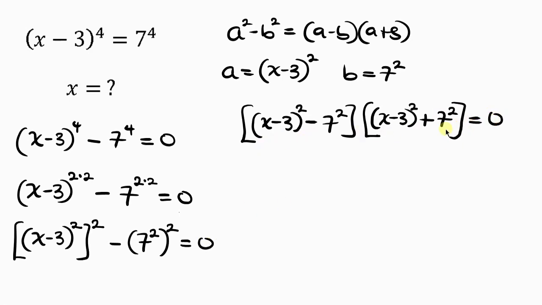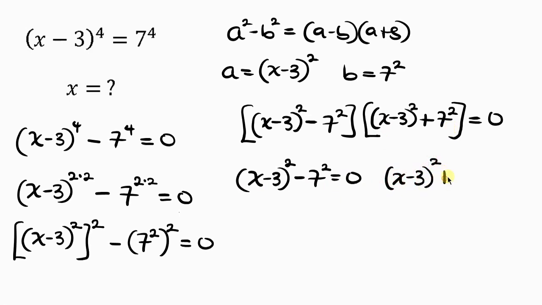So we have two cases. We have this case, which is (x − 3)^2 − 7^2 equal to 0. So this is one case. Or we have this other case, which is (x − 3)^2 + 7^2 equal to 0. We're going to be solving these cases one after the other.